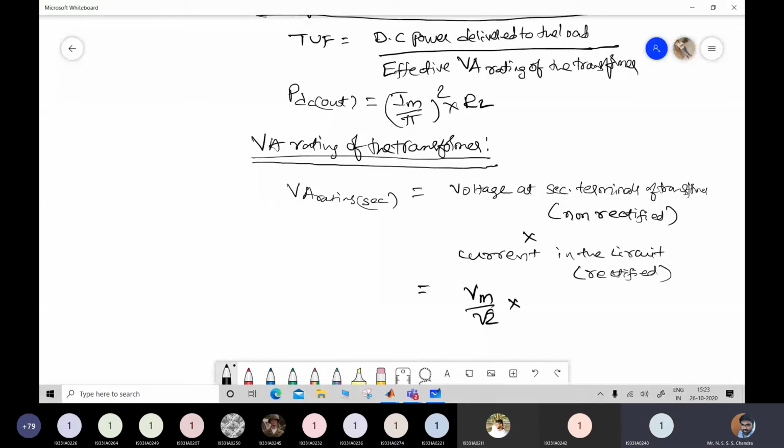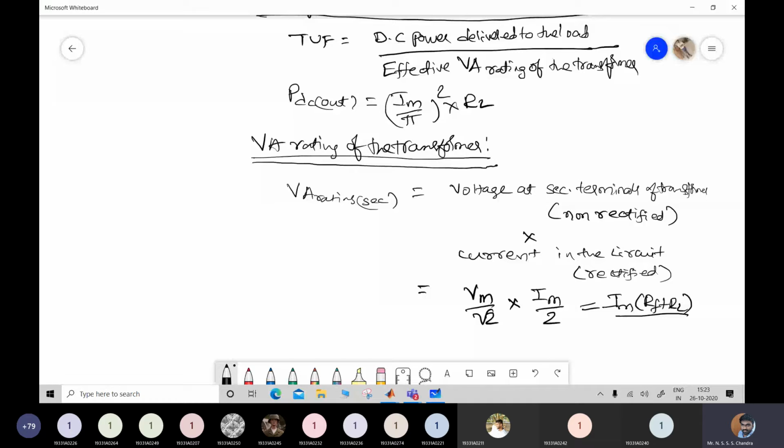And then the current. The current is a rectified current, so is it Im by 2 or Im by root 2? Im by 2. So I'm writing it as Im by 2. Again, I will write Vm as Im into (Rf plus RL), because voltage is equal to current into resistance. Sometimes you may also include the transformer terminals.